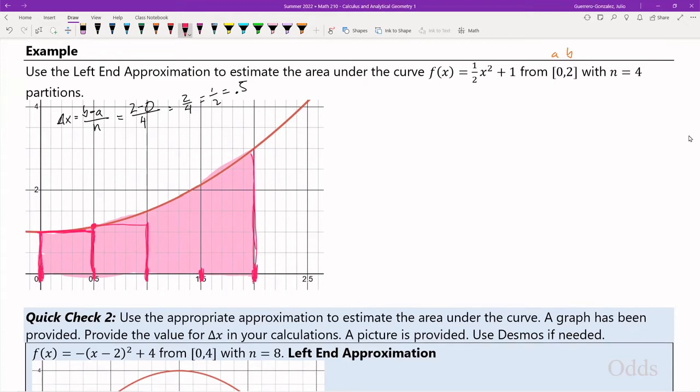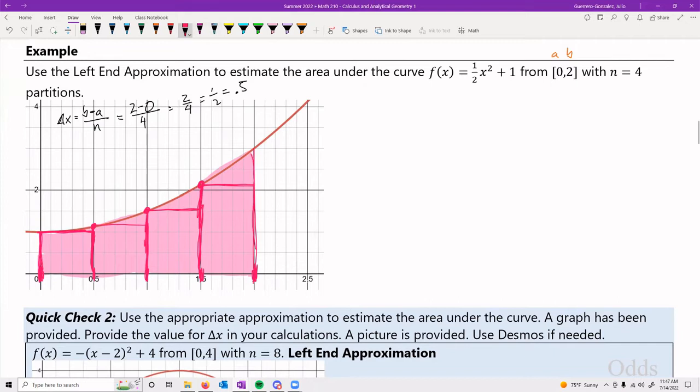Okay, the next point goes that high, and then the last one goes that high. Okay, so here are my boxes using the left end approximation.